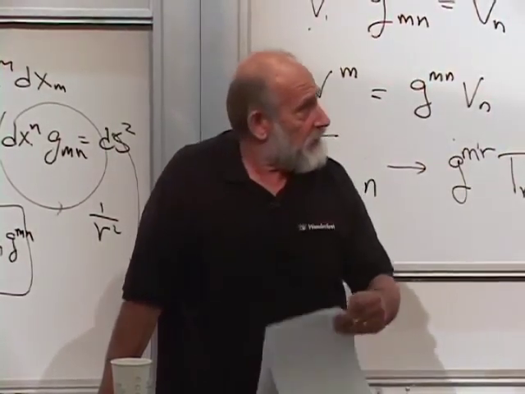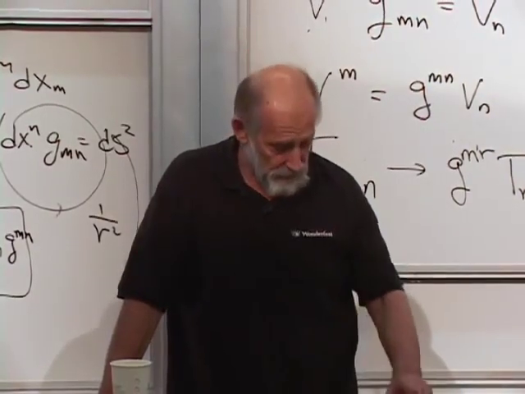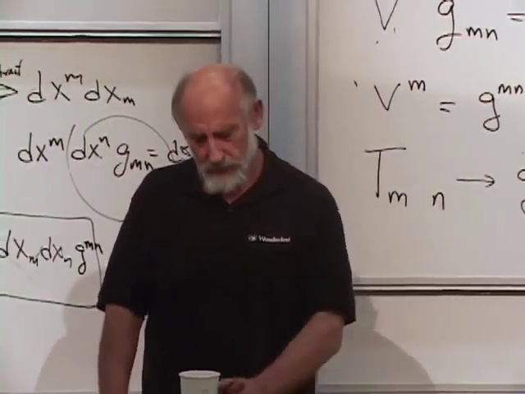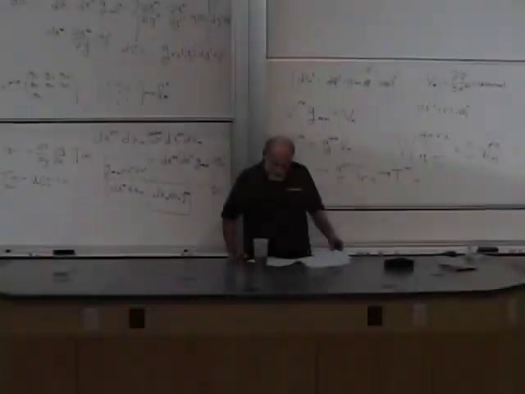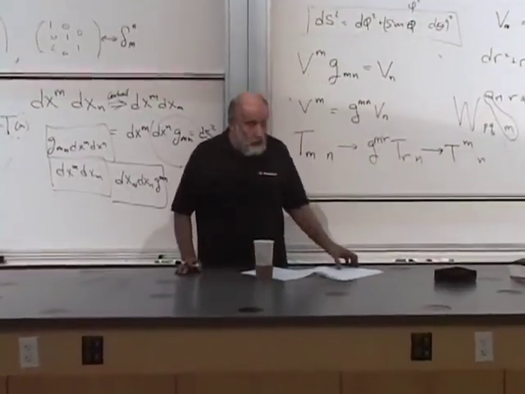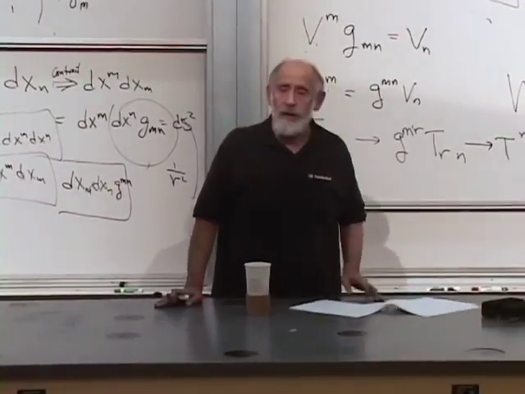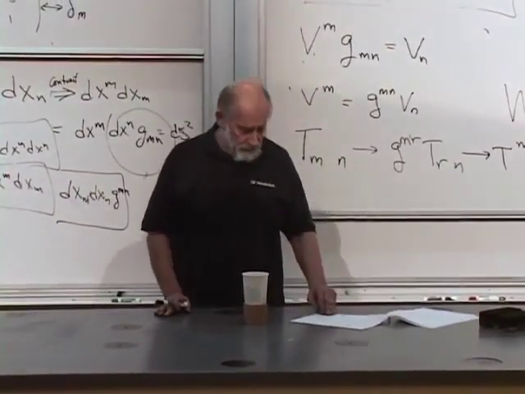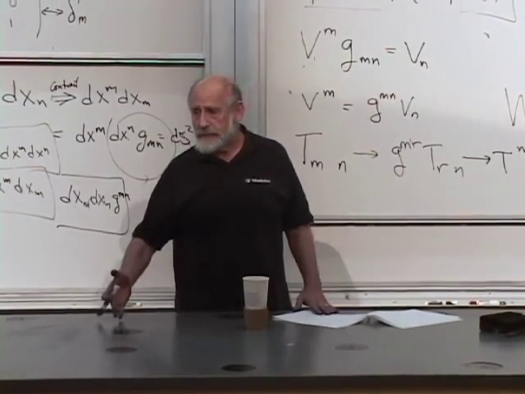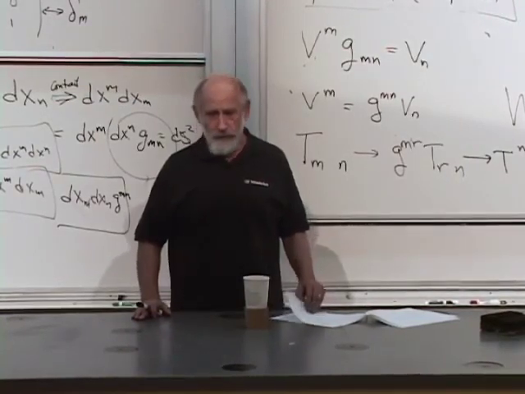Okay, now let's take a little bit of a break and then come to tensor calculus, which is harder than tensor arithmetic and tensor algebra. I was going to start the subject that I call tensor calculus, which means the study of how you differentiate tensors. Of course, you can just differentiate them, but then it's not clear that you get tensors when you differentiate the components of a tensor.